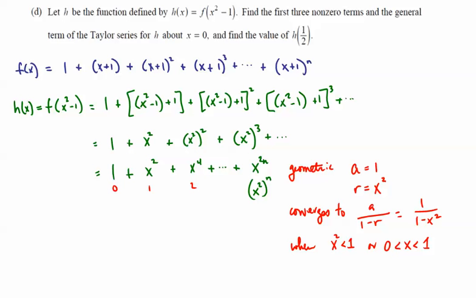Now, since 1/2 is in that interval from 0 to 1, we can find h of 1/2 just by plugging 1/2 into 1 over 1 minus x squared.